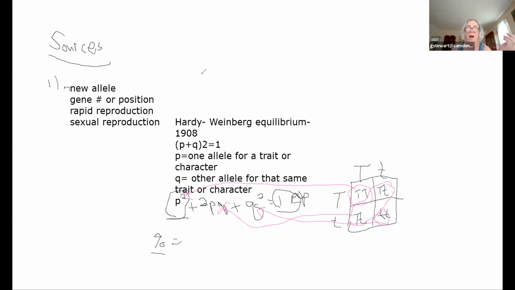Now, why do we care? Why would anyone want to count allelic frequencies? Trust me, people do. Because the purpose of the Hardy-Weinberg equilibrium is to check or monitor if a particular population is evolving. It's a measure of an evolving population.